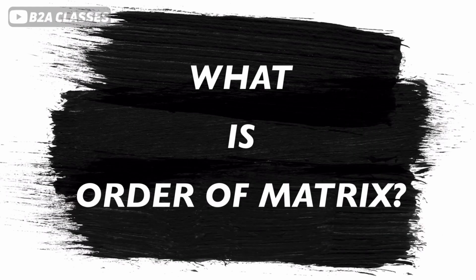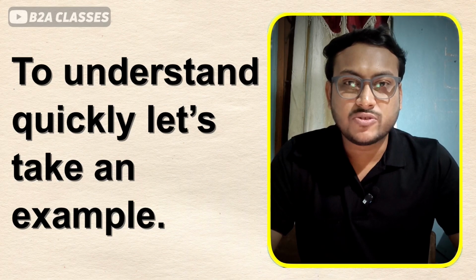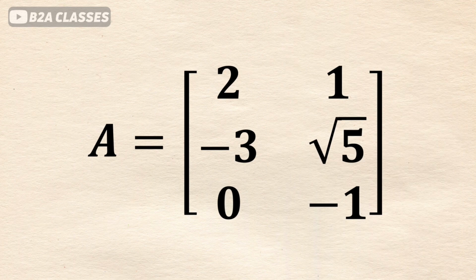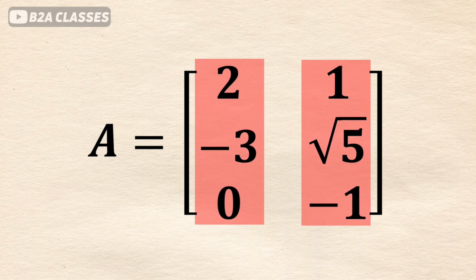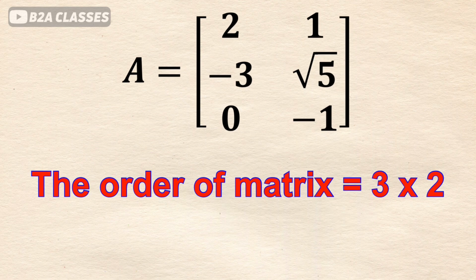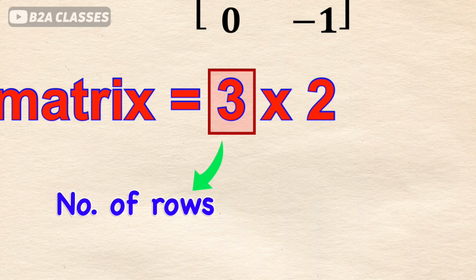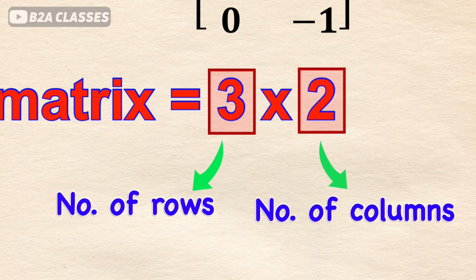Next we will see what is order of a matrix. To understand quickly, we will take the example from the previous topic. In this example, you can see that this matrix has 3 rows and 2 columns. So, the order of the matrix will be 3 by 2. The first number represents number of rows in a matrix and the second number represents number of columns in the matrix.